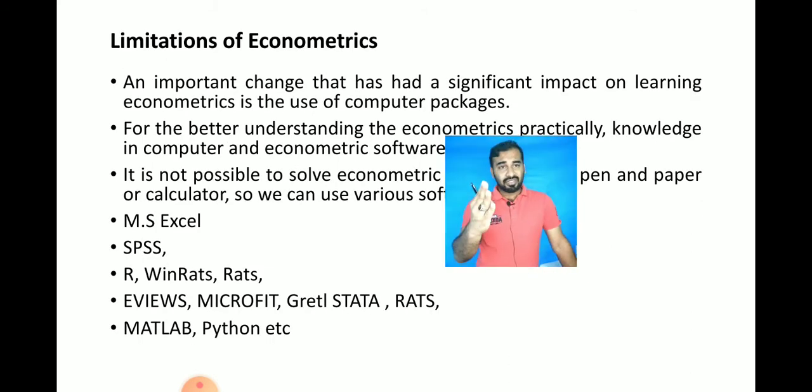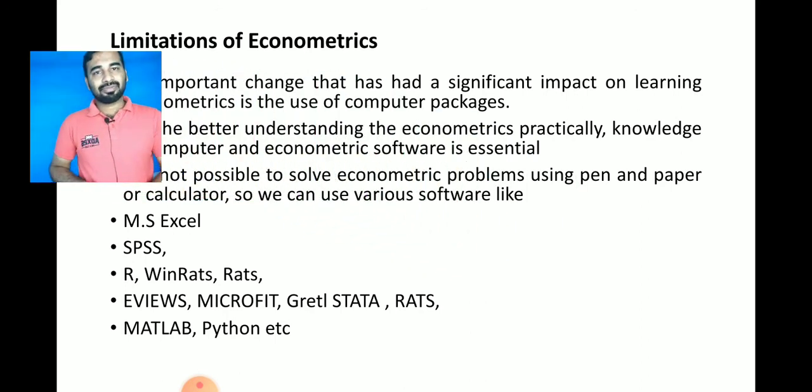Now, not the limitation of statistics, but how computers and econometrics are related. Okay, there's a mistake in the heading. As you know, the most important change that happened to econometrics after the 90s is the use of computer software to analyze econometric issues or problems.